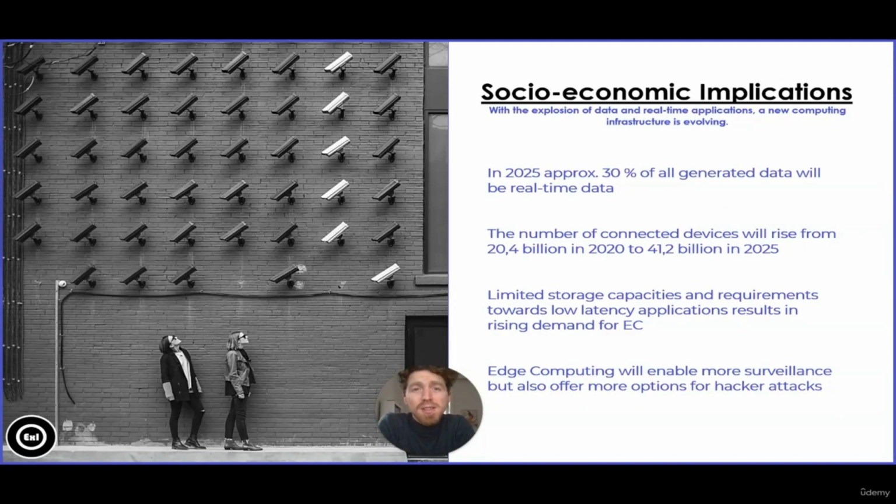So let's talk about the socio-economic implications of edge computing. So with the explosion of data and real-time applications, a new computing infrastructure is evolving. It's estimated that in 2025, approximately 30% of all generated data will be real-time data, and that the number of connected devices will rise from 20 billion in 2020 to about 41 billion in 2025.